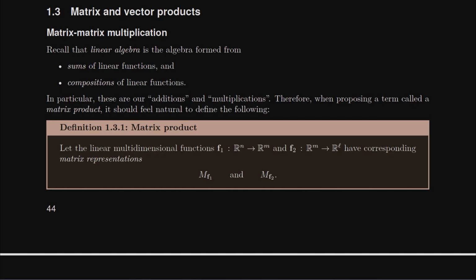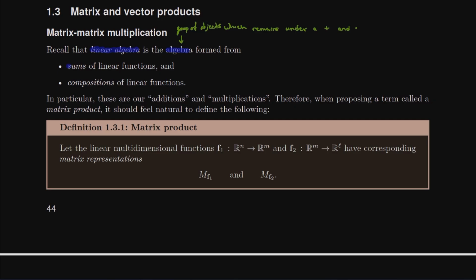Starting out with matrix-matrix multiplication, I wanted to start here because this is the multiplication that most directly corresponds to what we were studying last time when we defined linear algebra as the mathematical algebra. Let's recall that a mathematical algebra is a group of objects which remains closed under a plus and times, so an addition and a multiplication.